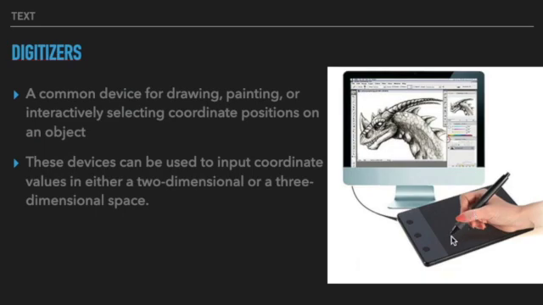Okay, so this stylus or even a hand cursor can be used to activate a position or a particular coordinate. This can be used to draw a picture, or you can paint, etc., using this graphic device or a digitizer. Okay, this is an example of a digitizer.